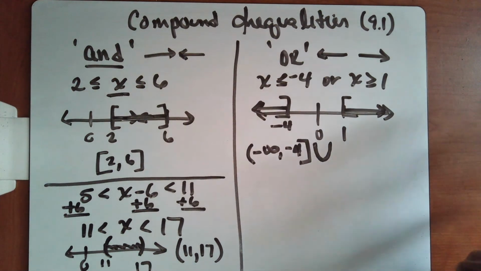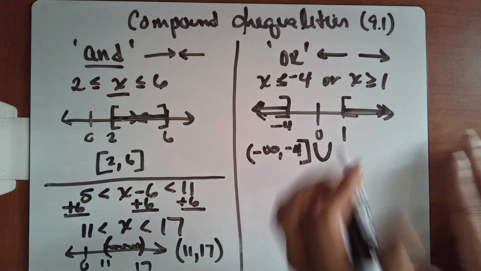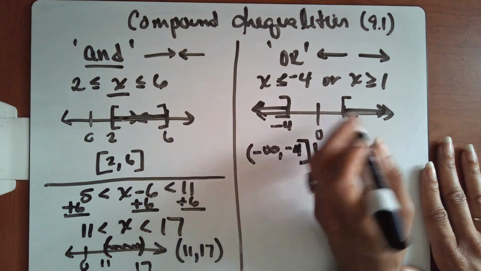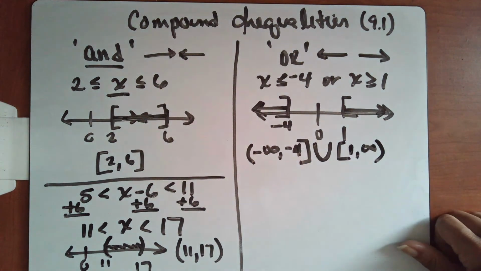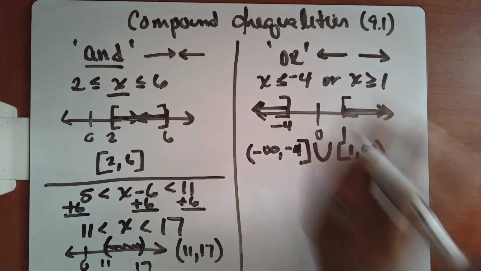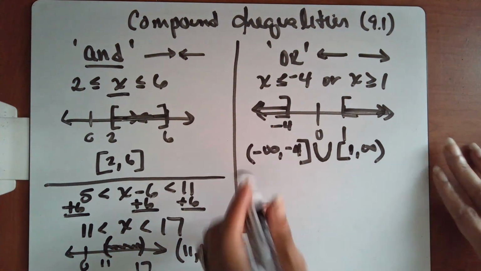These two solutions are going to be brought together as one union. So -infinity, -4 union with 1 to infinity. And so that would be your solution there. So the ors, the solutions will go apart. The ands, the solutions should come together.